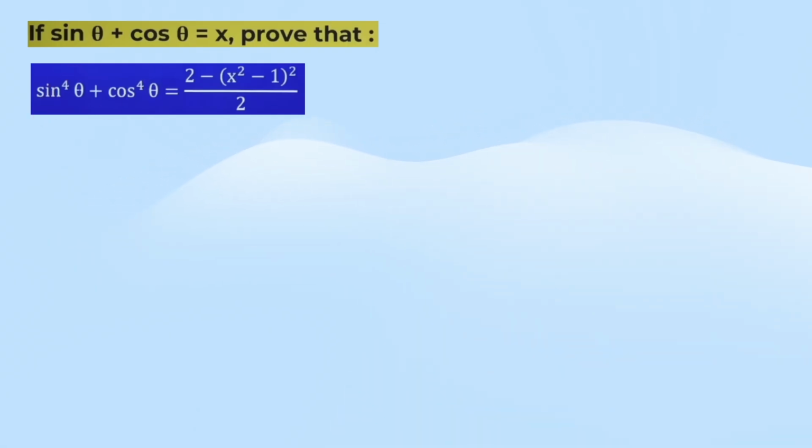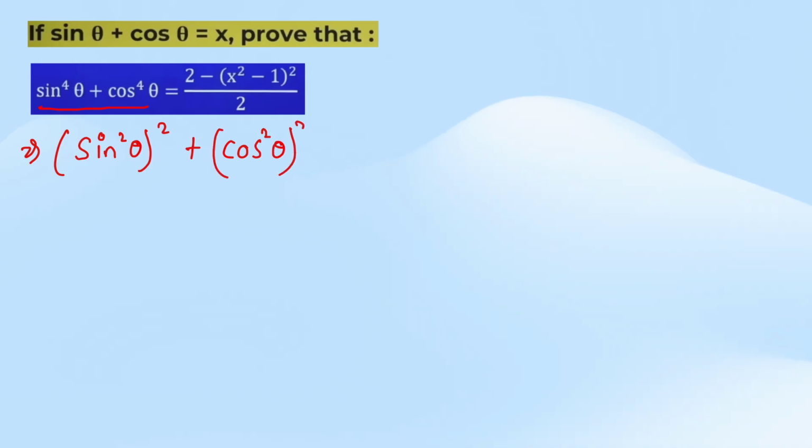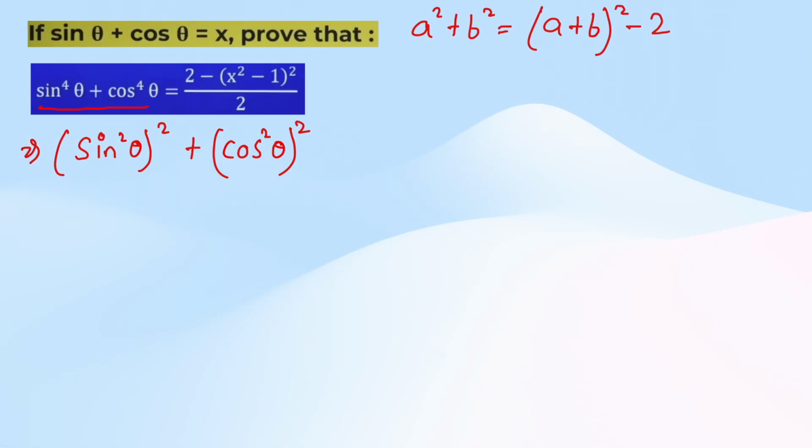Right? Let's start then. Whenever I see this sin^4 and cos^4, what comes to my mind? That I can write it as sin square theta the whole square and cos square theta the whole square. I have discussed the identity that a square plus b square can be written as a plus b the whole square minus 2ab.